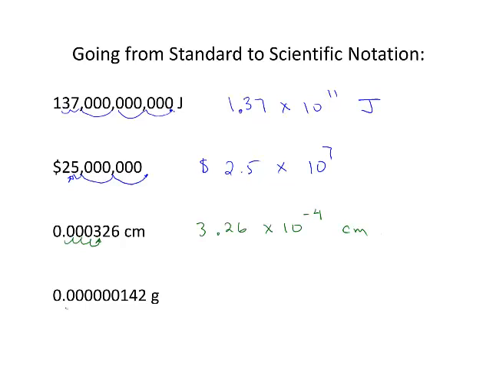Let's do one more. I start here. I want to end up here. I've got to move it 1, 2, 3, 4, 5, 6, 7, I believe. 1.42 times 10 to the minus 7 grams. That's how we go from standard to scientific notation.